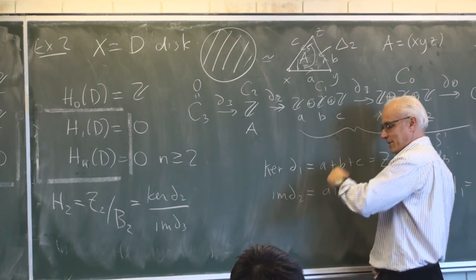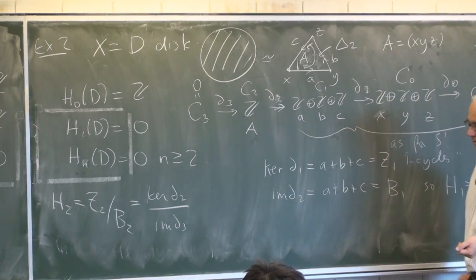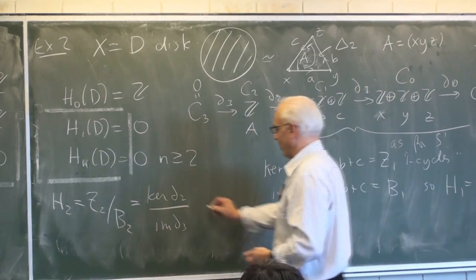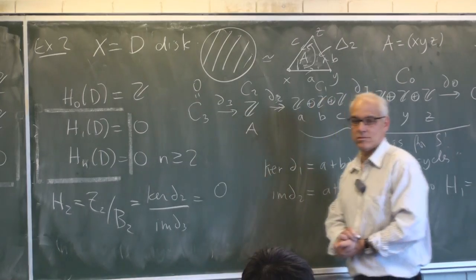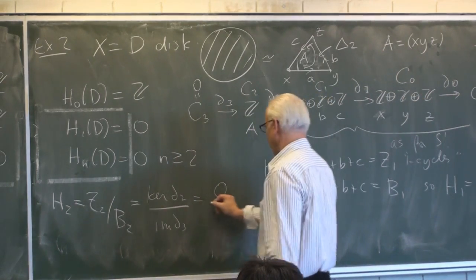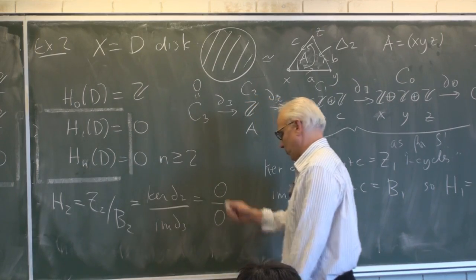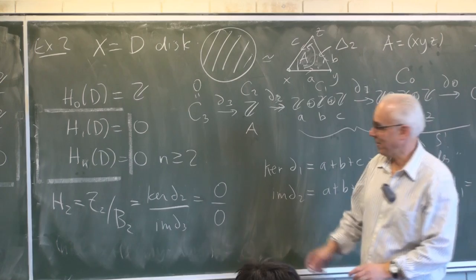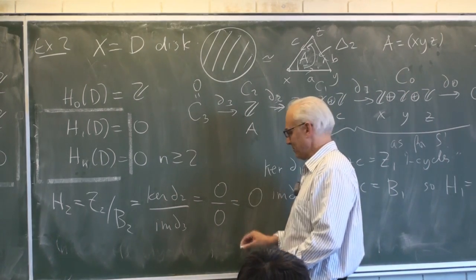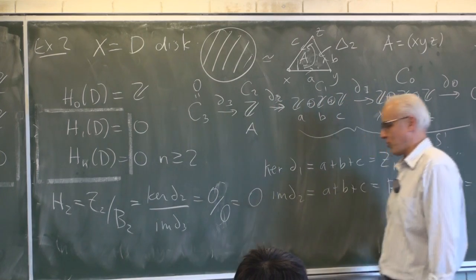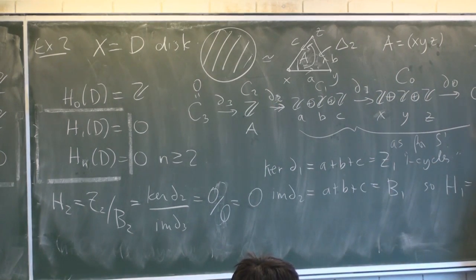So in other words, the kernel is just 0. And the image of the 0 thing is also 0. So we're getting 0 over 0. This is a quotient of groups, not arithmetic. So maybe I should write it like this: the 0 group mod the 0 group. It's also 0.